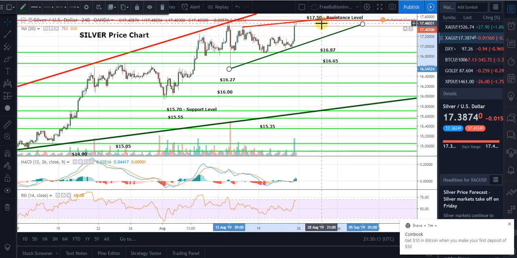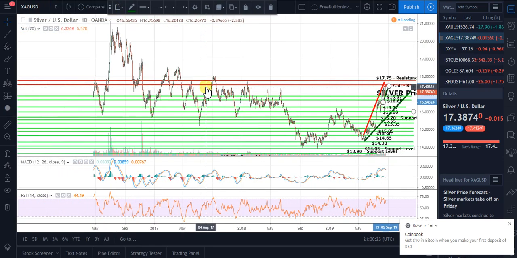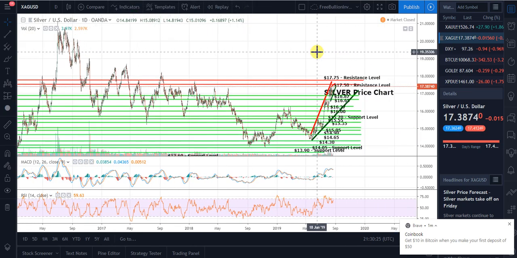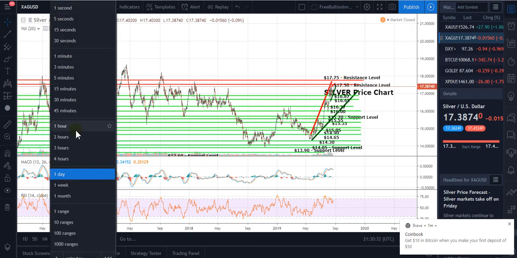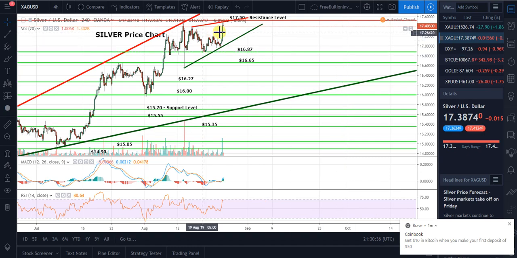But if it does move up, we do have 1750 as resistance, and above that, I need to move out to the daily chart and scroll out and show you we have 1775, which is the next resistance level above 1750. So again, for the outlook, I am showing a negative pattern.